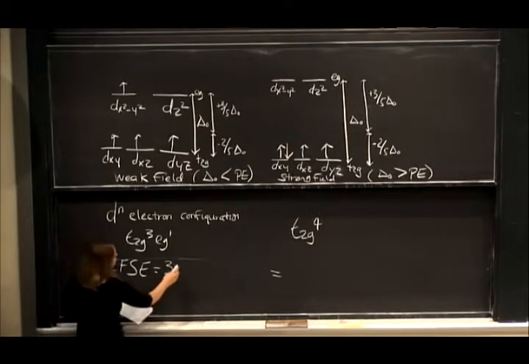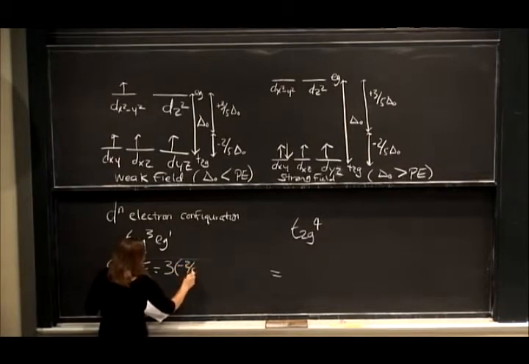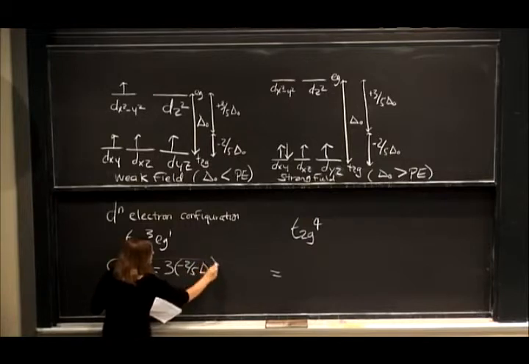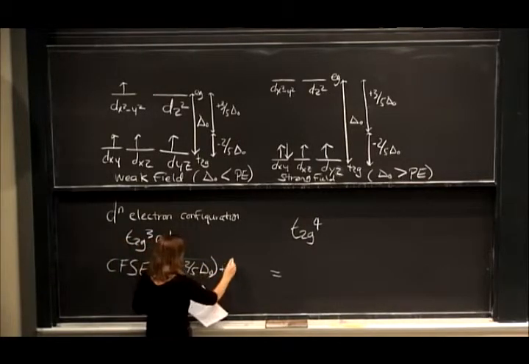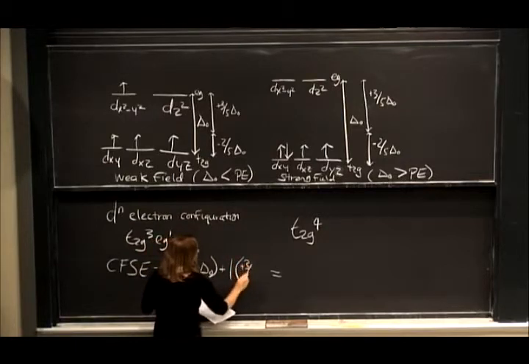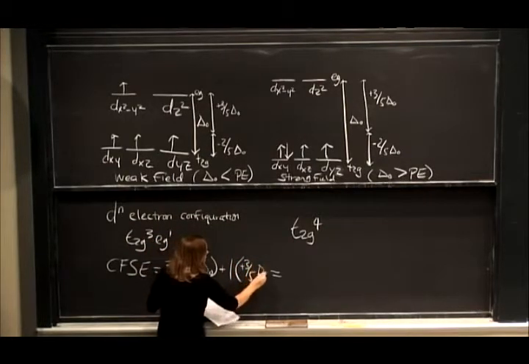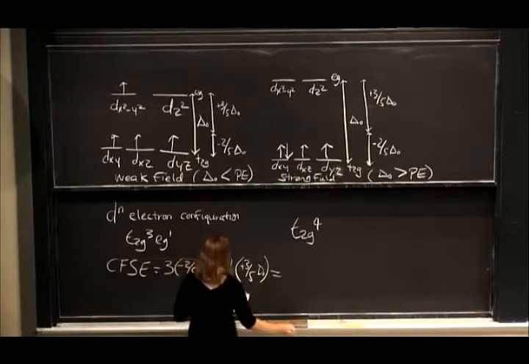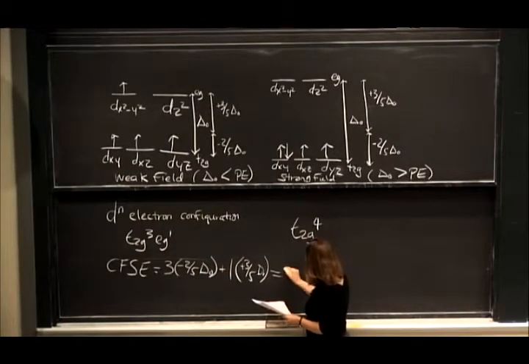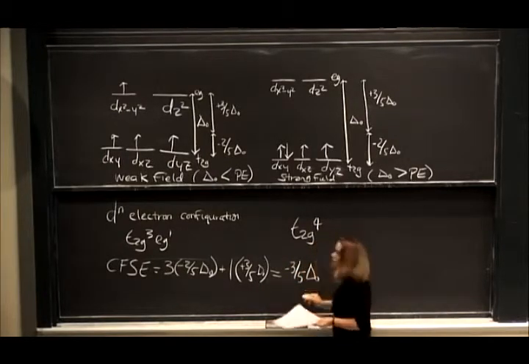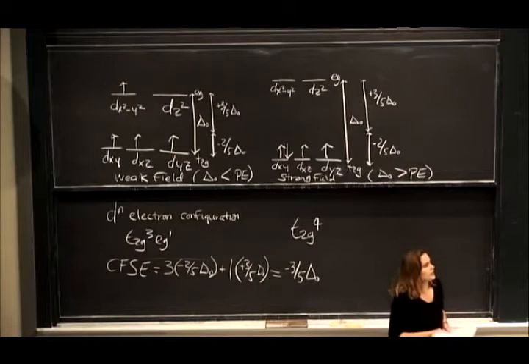So we have 3. Those 3 are stabilized by 2 fifths. And then we have 1 in the upper set, so we have 1 at 3 fifths times the octahedral crystal field splitting energy. So this ends up with minus 3 fifths times the octahedral crystal field splitting energy.